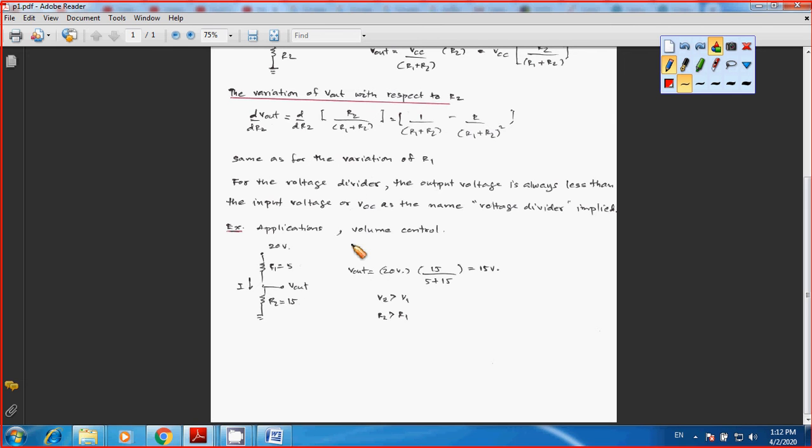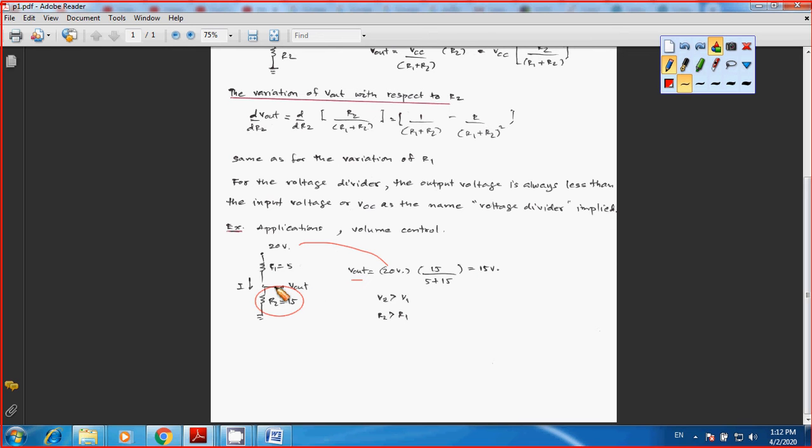By applying the voltage divider equation, you have V out is going to be equal to supply voltage or input voltage, or 20 volts in this case, multiplied by R2, or 15 ohms, divided by R1 plus R2, or 5 plus 15, and you end up with V out to be 15 volts.